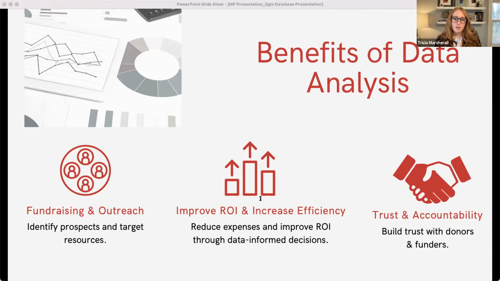Using your data, organizations can ensure that your campaigns are meeting your targets, which will hopefully generate additional revenue efficiencies for your team members and help determine where to best allocate your resources. Improving your ROI and increasing efficiency: analytics can help nonprofits track your budgets and expenditures, plan for resource allocation, and forecast your future revenue.